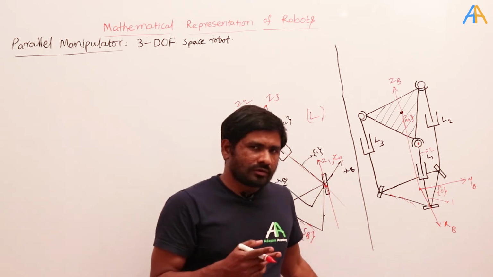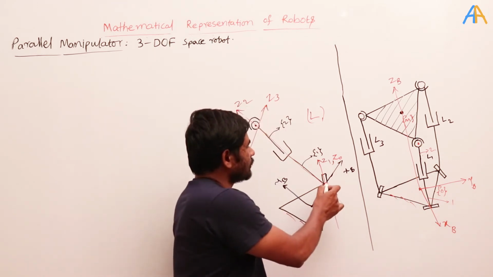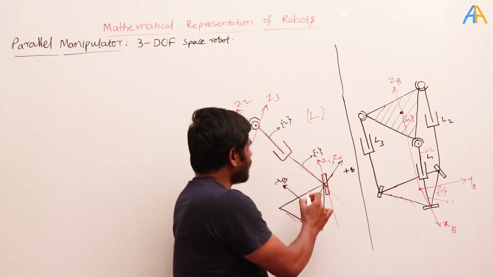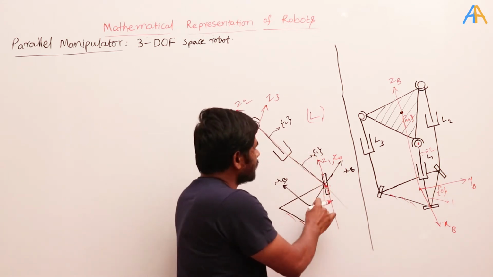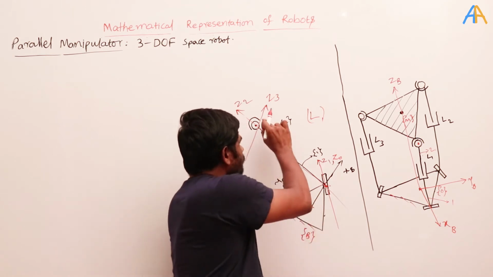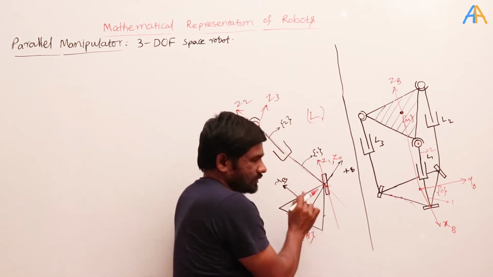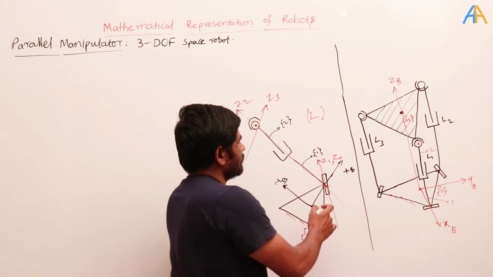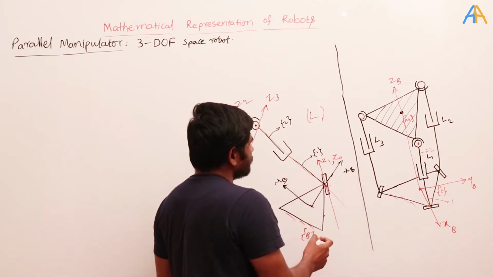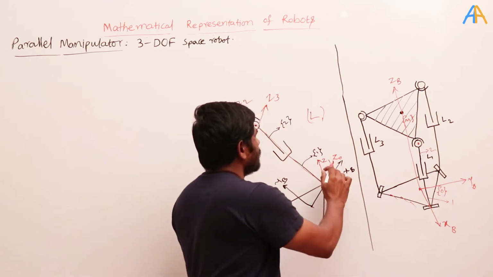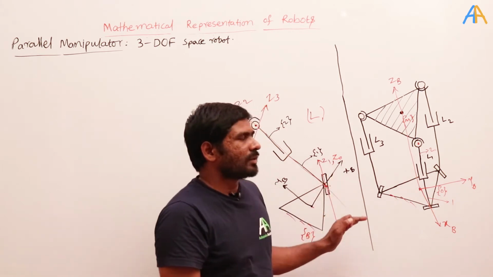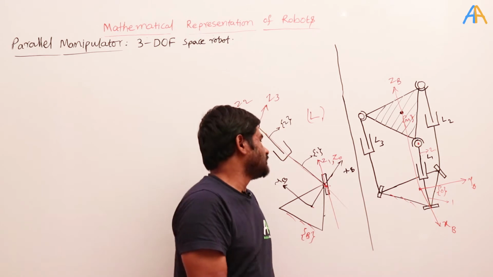You got the point? So what I am trying to do is find a position vector from here to here, and transform this coordinate system to this, so that finally you will get the position vector of this point with respect to this. So here I will assign the Z0, and then x0 is perpendicular to the Z0 and Z1.